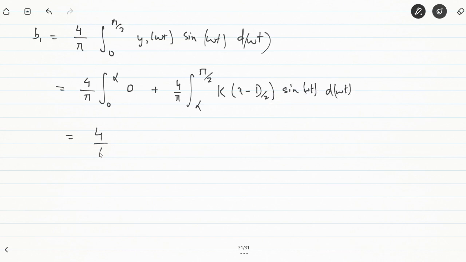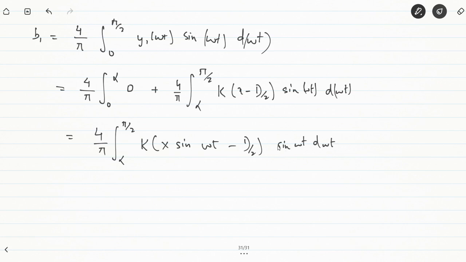So that's equal to 4 by pi, integral from alpha to pi by 2, k. Now we write k(x sine omega t minus d by 2), where small x equal to capital X sine omega t, times sine omega t d omega t.